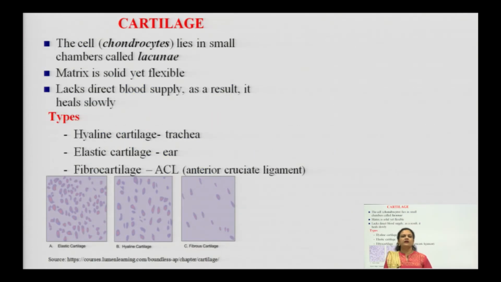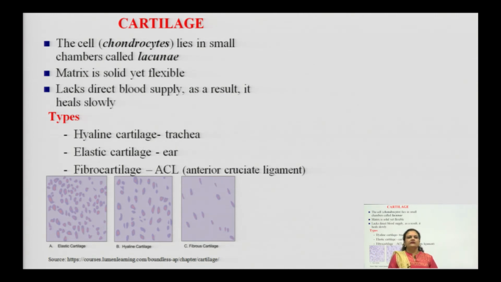Now coming to the third connective tissue, that is cartilaginous connective tissue. Here the cells which form this cartilaginous tissue are known as chondrocytes. Cytes means, students, cells.